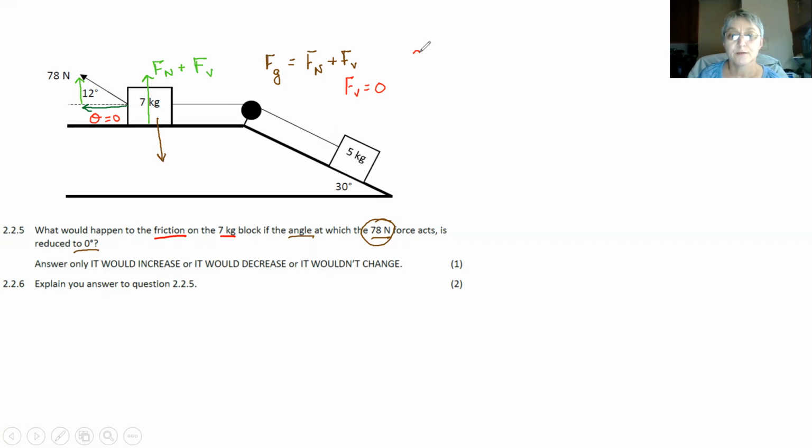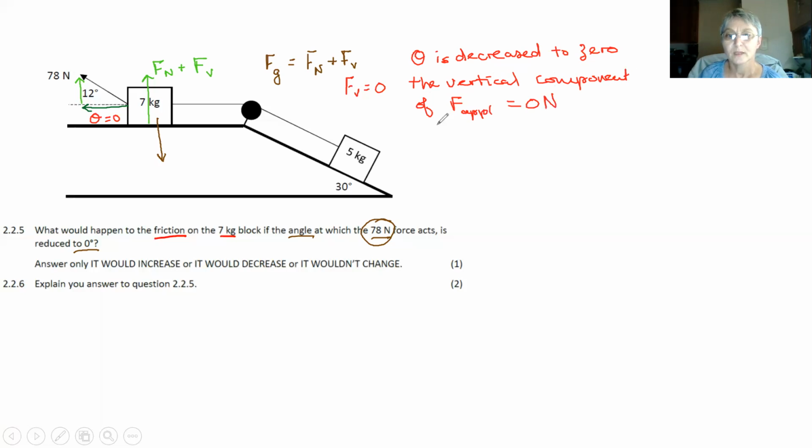So if theta is decreased to 0, the vertical component of the applied force is 0, and then your normal force will increase in strength. So it would increase is the answer to this question.